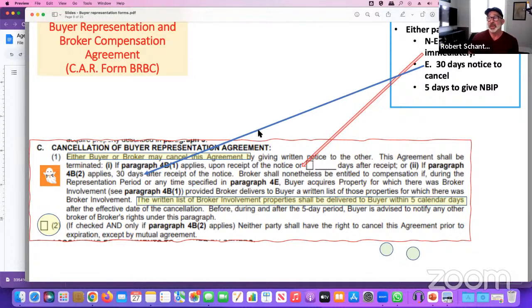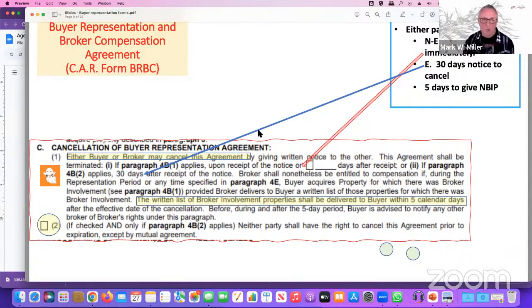But you're still going to get paid on the properties that you showed them, because that's what the agreement stipulated. So you can either terminate upon receipt of notice or a few days after receipt, meaning maybe they don't want to have it canceled until Saturday of this week. You can do it days in advance.